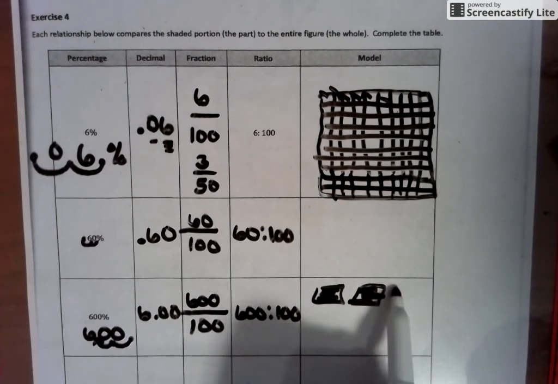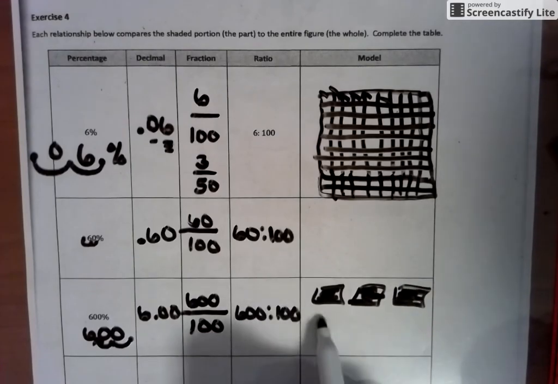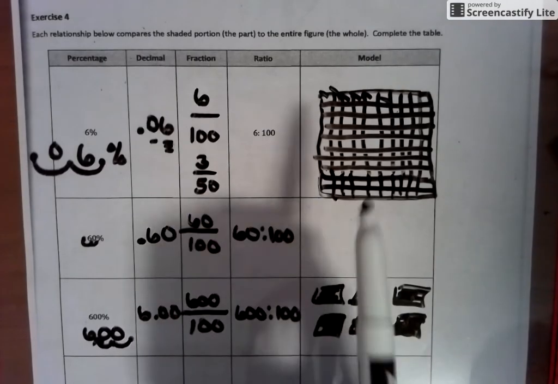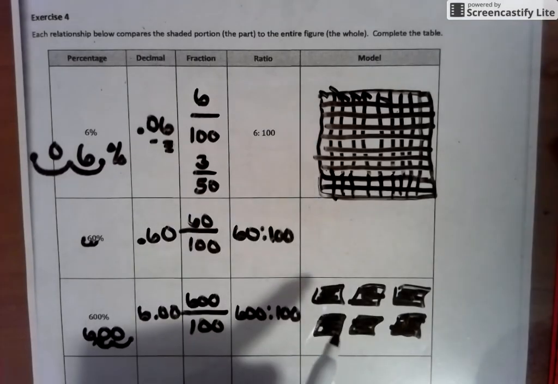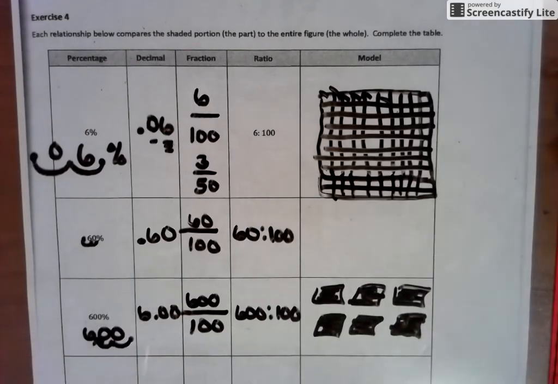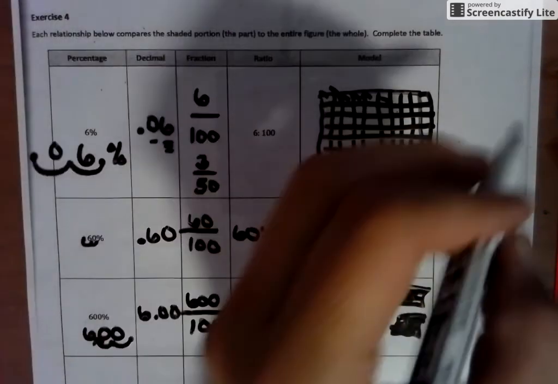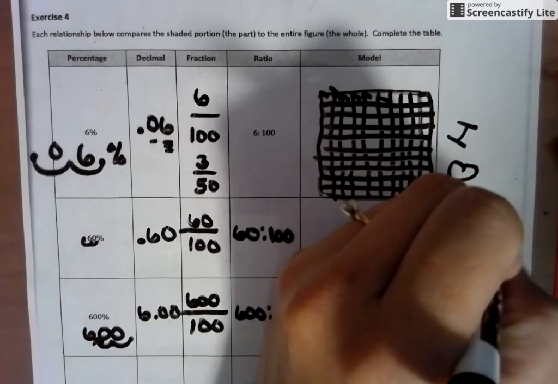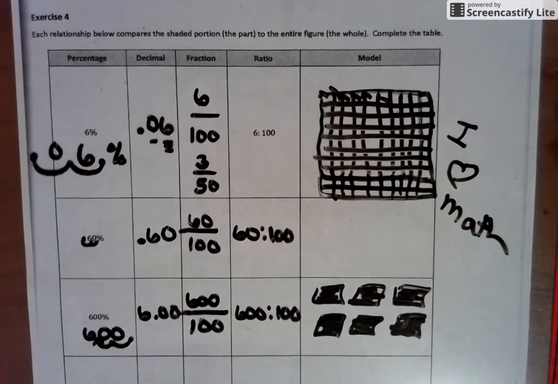If we were going to make the model drawing of this, notice we have a box at 100? Well, we need 600. So you're basically going to have 6 full drawings colored in representing hundreds. Obviously, that's why we are not doing it in such a small space, because think about making 6 of them in this little spot.